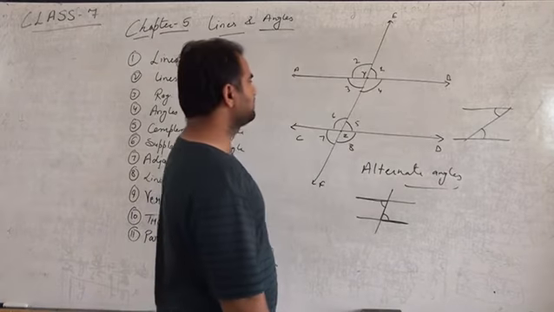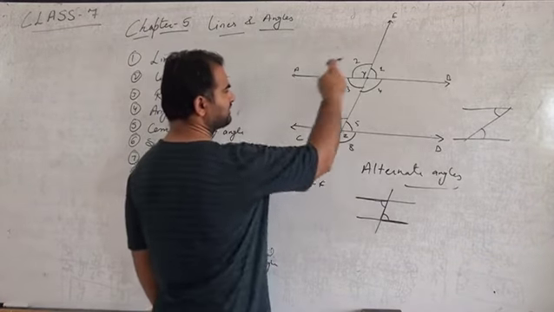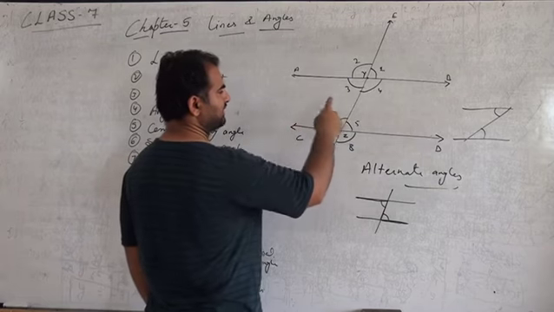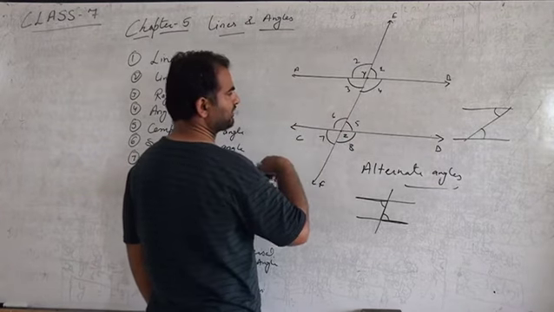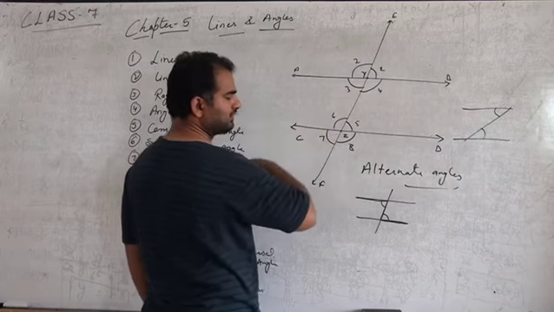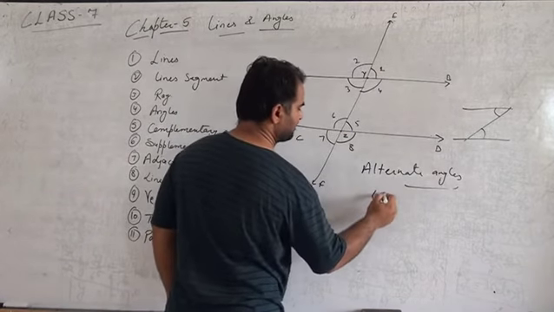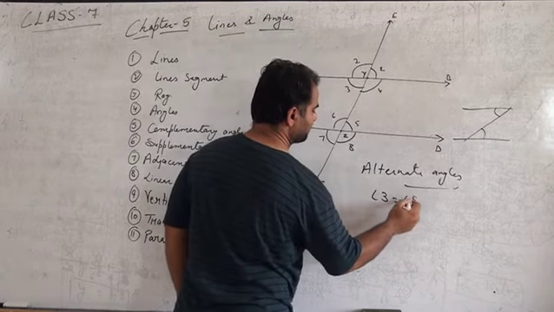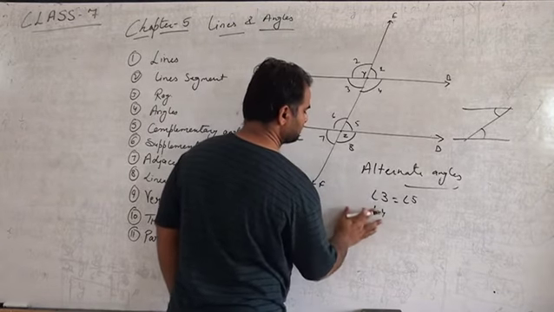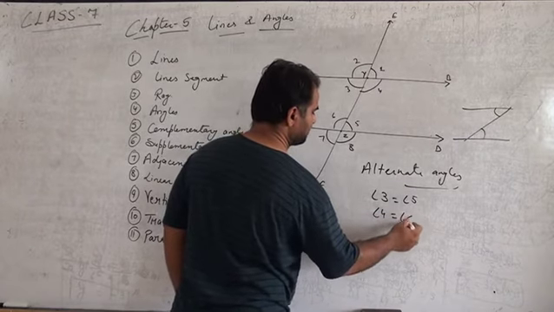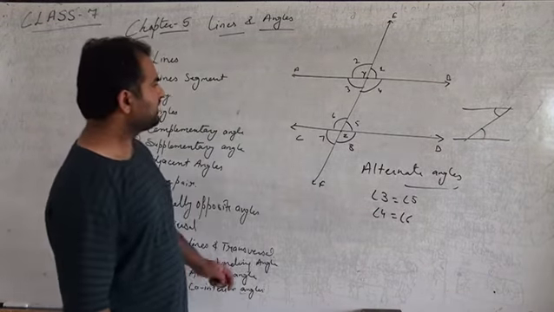Okay. So in this, which angles are making a Z-like structure? Angle 3 and angle 5. Angle 4 and angle 6. Like angle 3 equals angle 5 and angle 4 equals angle 6. So where are angle 3 and angle 5?